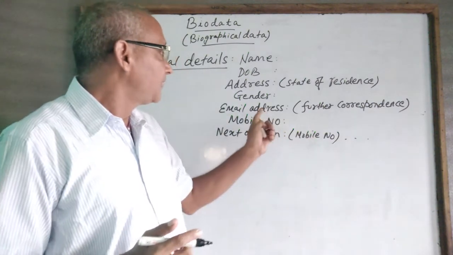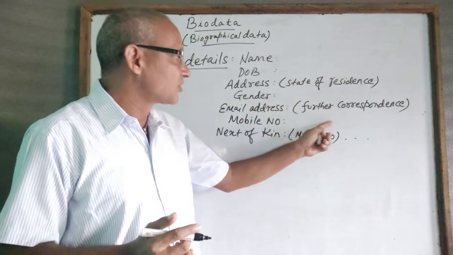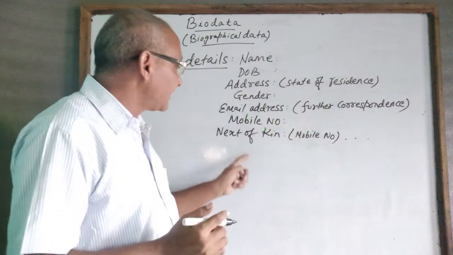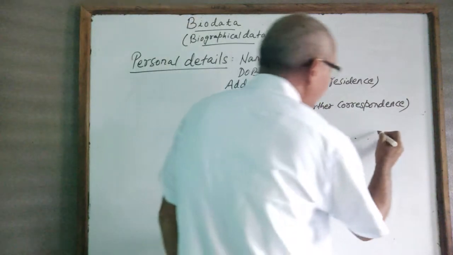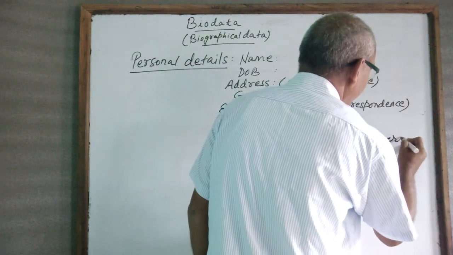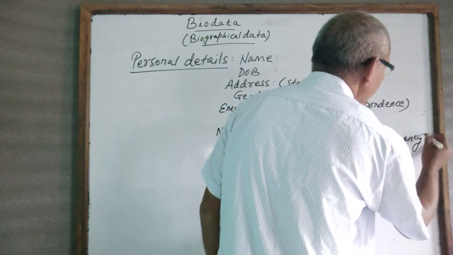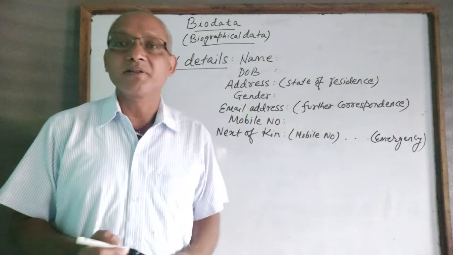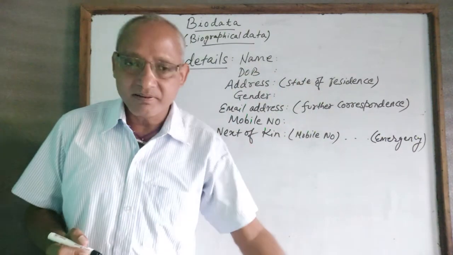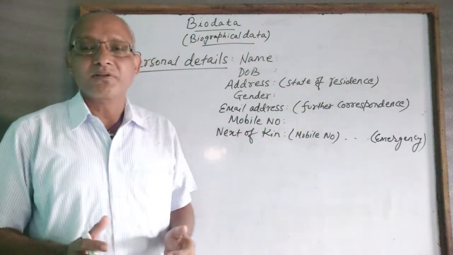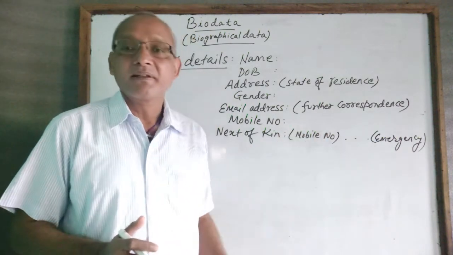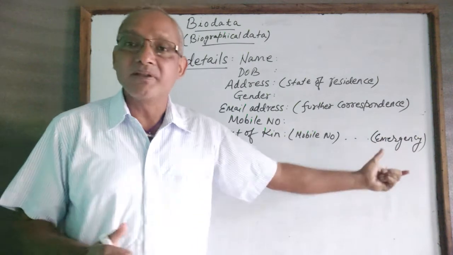So, if we are unable to get in touch by those people who are seeking for us, the next of kin, this is in emergencies, means my relative or somebody else can receive the call and pass on the information to me, or if some misfortune happens to me, the next of the kin, my next near one, can be contacted immediately. This means this.